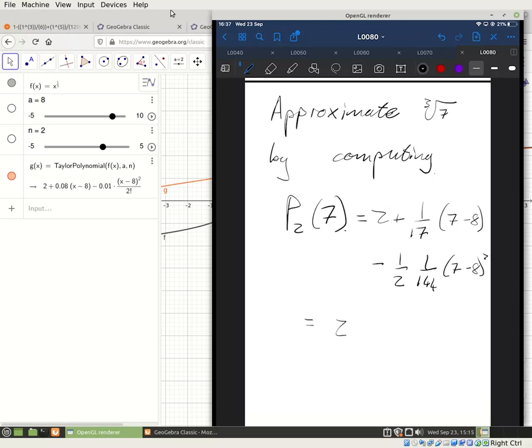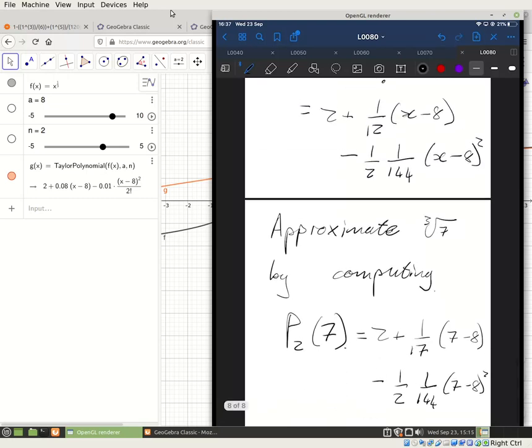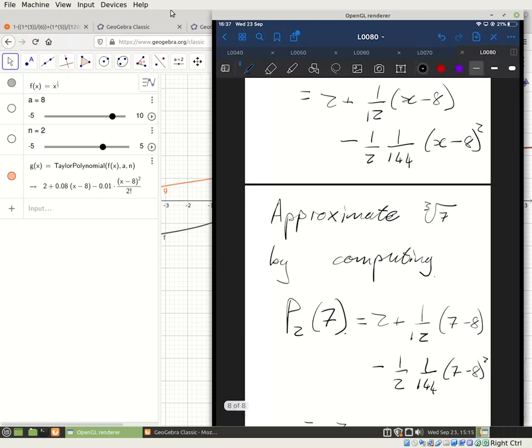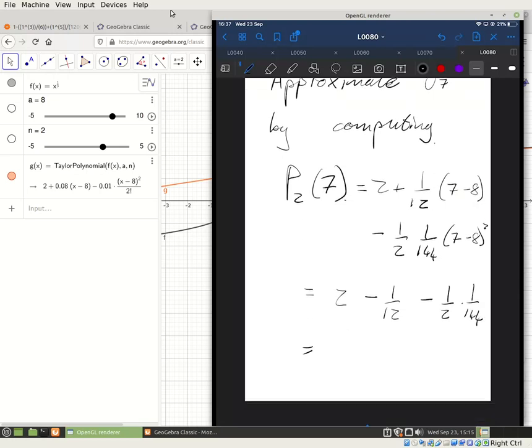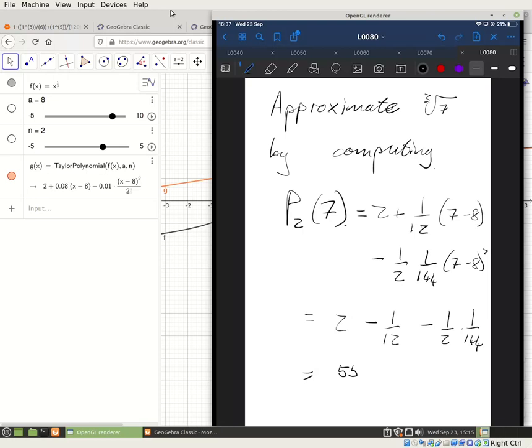So that is 2 minus 1 over 12, minus 1 over 2 times 1 over 144. And if we work that out, that is 551 over 288, which has a decimal expansion 1.913194 repeating, so 4, 4, 4, 4, etc.